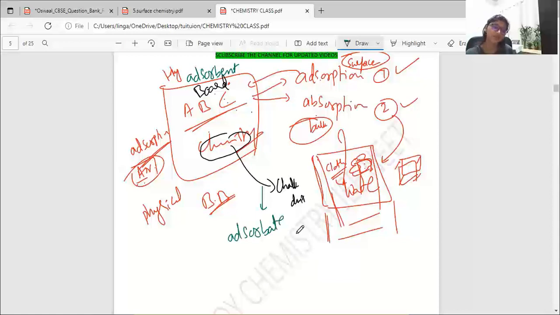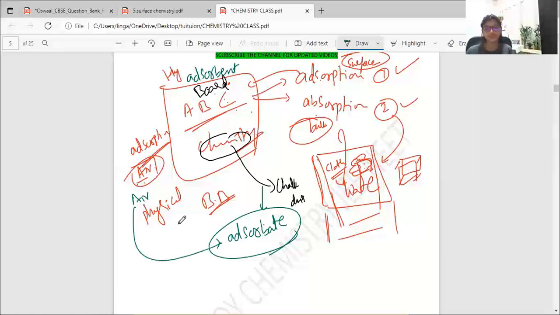Two names: adsorbate and adsorbent. The adsorbent is the main substance on which adsorption happens. The board is the adsorbent. The computer screen is the adsorbent. Air is the adsorbate. Here chalk dust is the adsorbate.